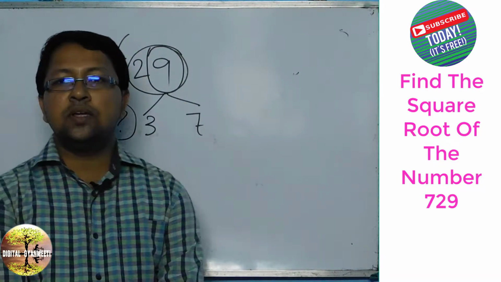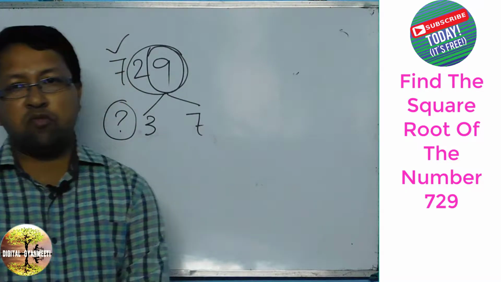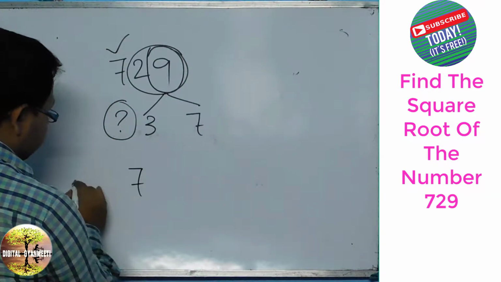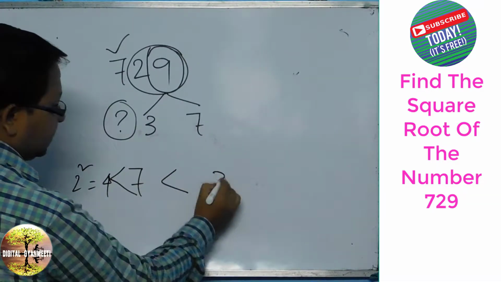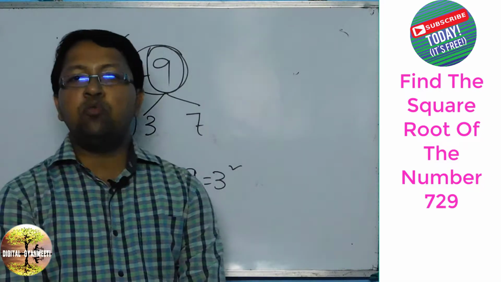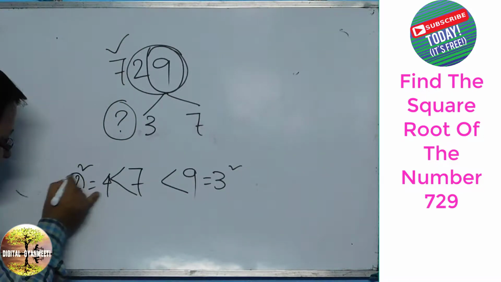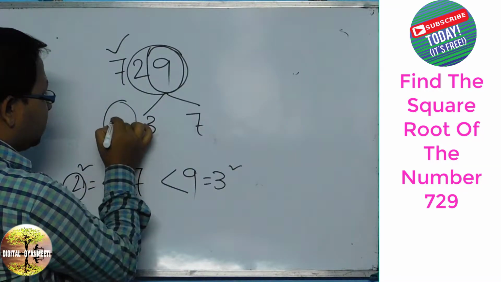What we want to do is find out between what pair of perfect squares this number falls. Now we find that 7 lies between 2 square, that is 4, and 3 square, that is 9. And we take the lesser one, that is 2 square, and this 2. So in this place we put 2.